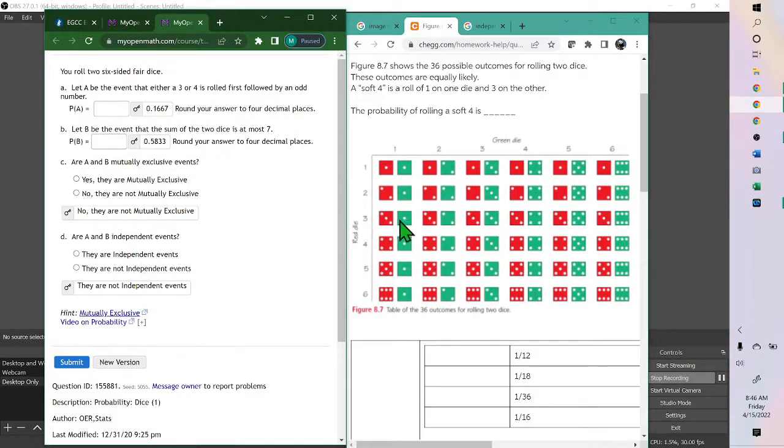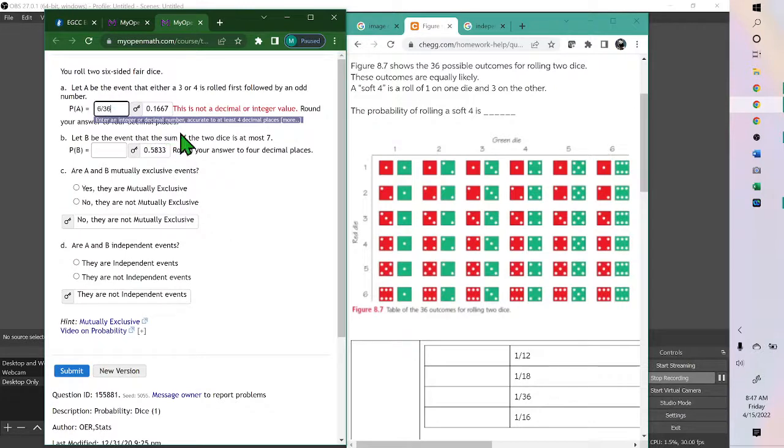So here's 2. This one's even. Here's 2 more, so 4. And these two, the green is odd, so 6. 6 divided by 36 will give you 0.1667.